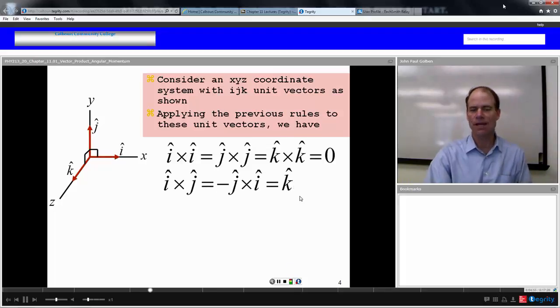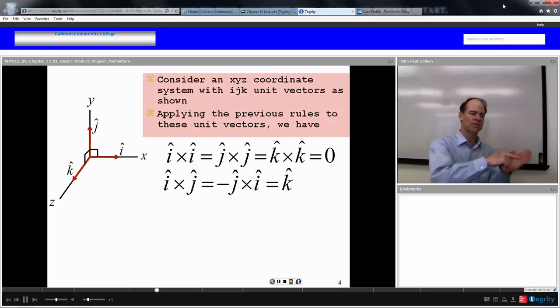Any unit vector crossed with any other unit vector is going to be some form of the third unit vector. So i cross j is actually equal to k. If I think of i as the x direction this way, and j is the y direction this way, if I go i cross j, I'm pointing towards you, which is in the k direction.